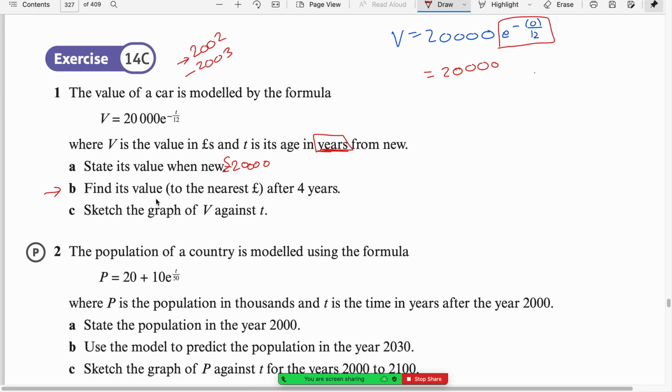B part says find its value to the nearest pound after 4 years. So after 4 years, again using the same formula, 20,000 times e raised to power negative 4 by 12.